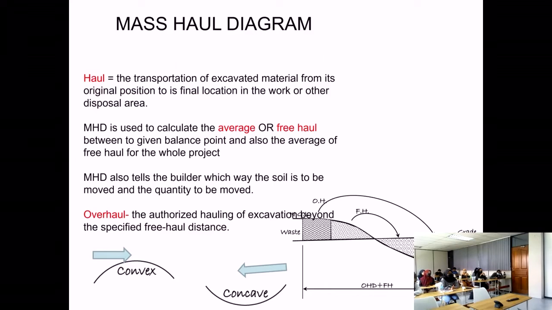So mass haul diagram or MHD is used to calculate the average haul. Why do we need this diagram? Because we need to calculate the average haul, or sometimes it's called free haul. Average haul and free haul are the same thing in terms used in earthwork operation, between two given balance points.